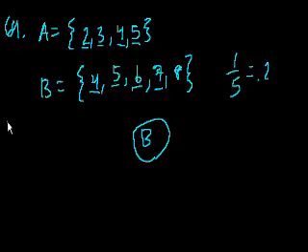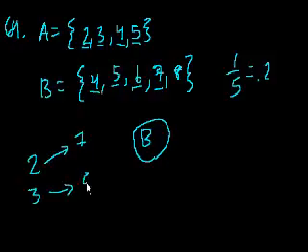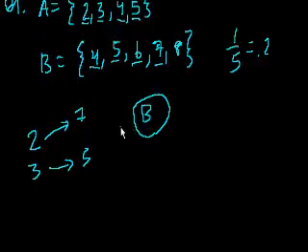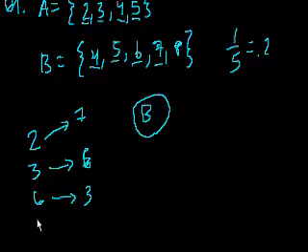So if I pick 2, I have to pick 7. If I pick 3, I have to pick 6. And if I pick 4, I have to pick 5. And if I pick 5, I have to pick 4, right?